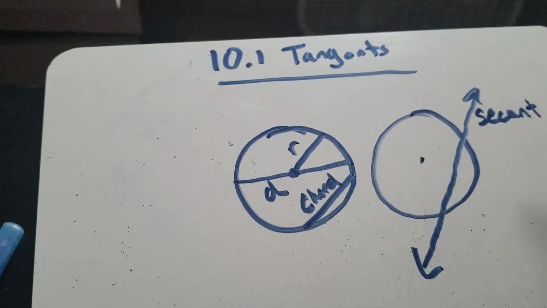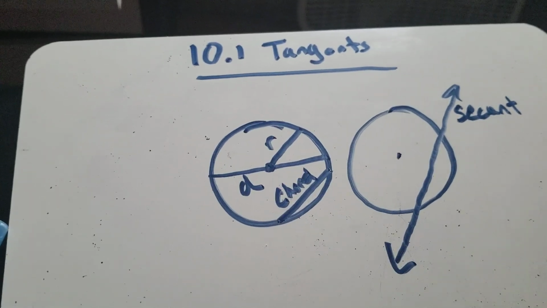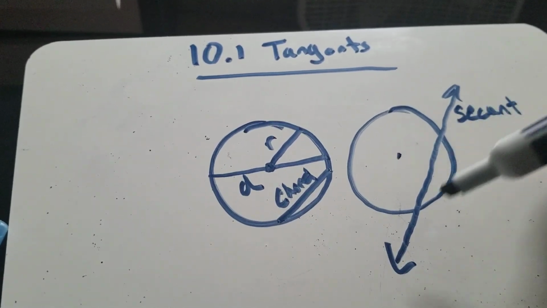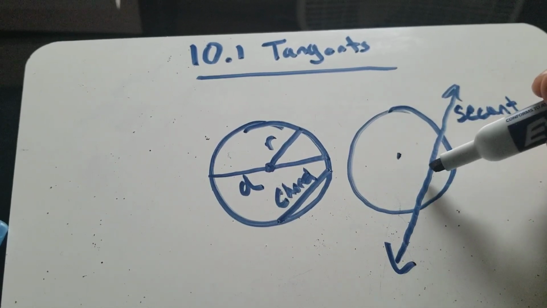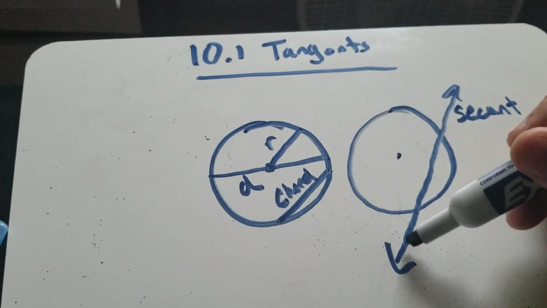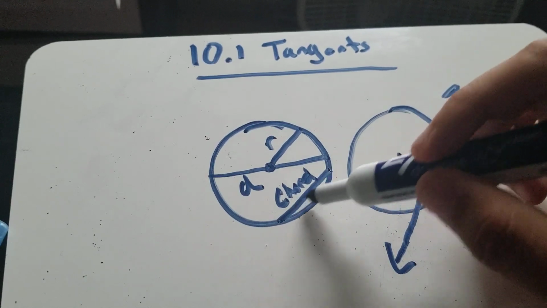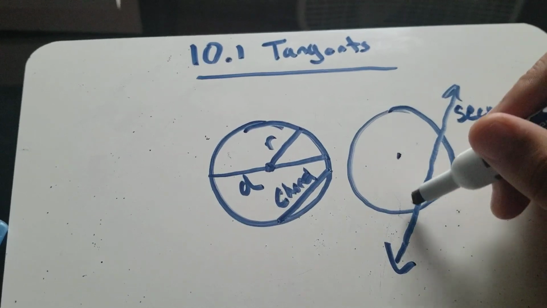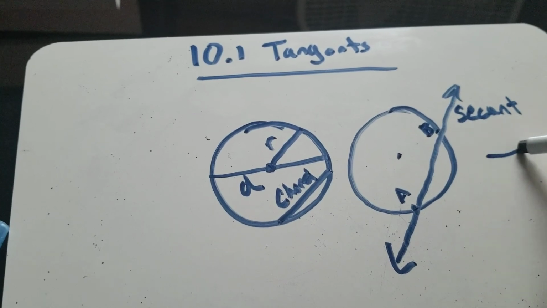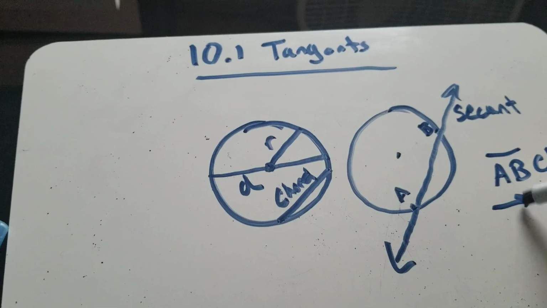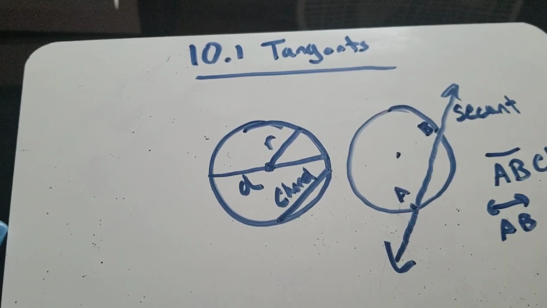We don't really talk about it in this chapter, but they do have a relationship to the trigonometry secant. Important: a secant goes inside the circle and pops back out. It's from outside, inside, outside. A chord is just inside. So this little piece right here, let's say AB: if I said line segment AB, that's a chord. If I say line AB, and this is chapter 1 stuff, so this is a true callback, that is a secant.